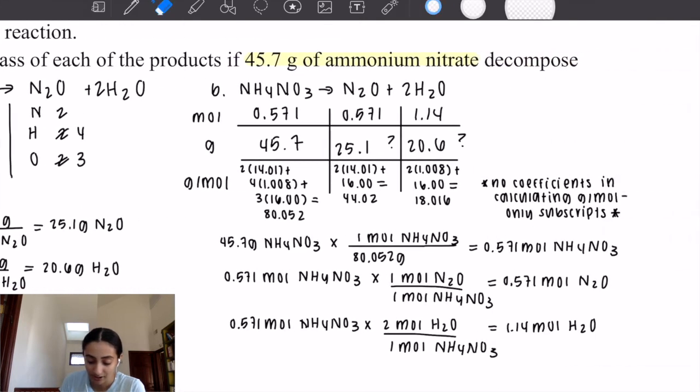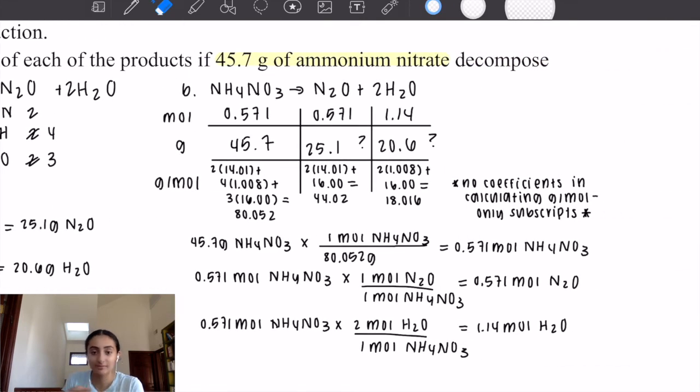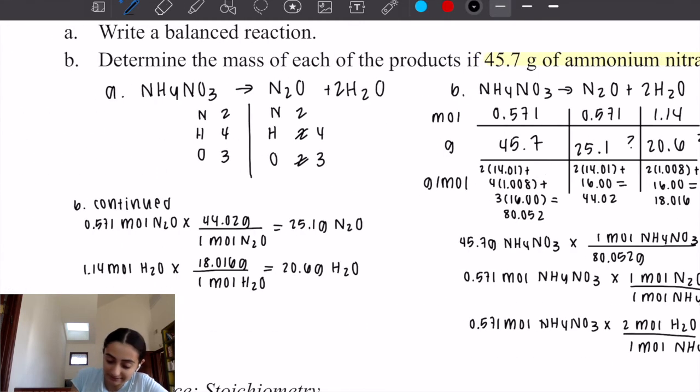Now, just a note, you could convert the moles and the mass conversion all into one if your teacher allows it and if you feel comfortable doing so. So for instance, let's say I wanted to calculate mass of N2O straight from the moles of NH4NO3.